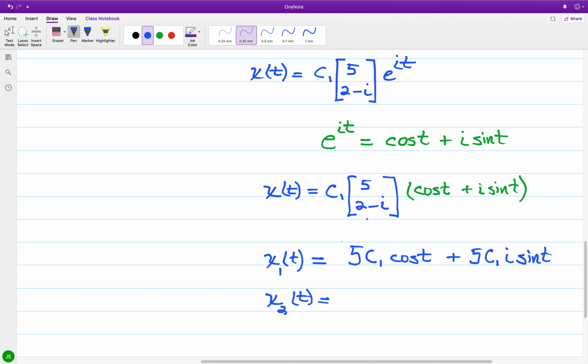Looking at the layout, doing a little bit of foiling, we have 2c1 cosine of t, and still working with 2, 2c1 times i sine of t.